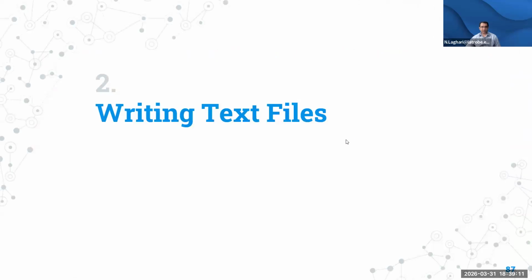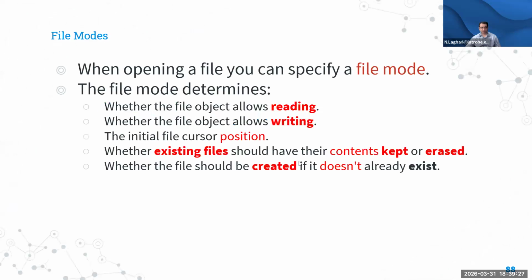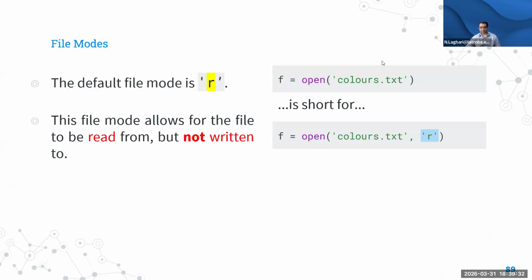Now, so far we have learned about reading the files. Now we want to write to the file. So there is a different set of functions which we can use, and there are modes of opening and operating with the files. We'll see them. So we have file modes, and so far we were using this R as a second argument.